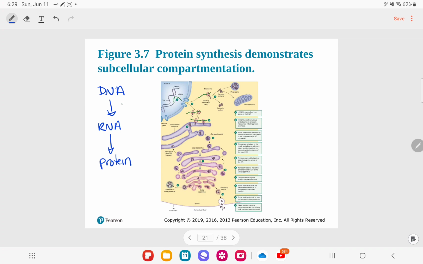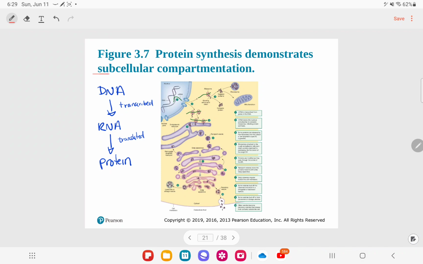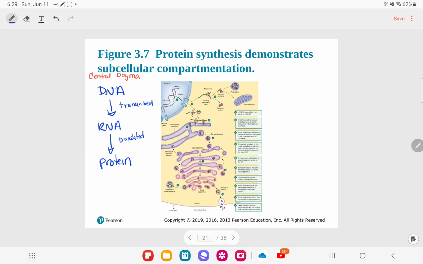So DNA is going to be transcribed into RNA, and RNA is then going to be translated into proteins, right? And so this, I'm going to put it in a different color because this is a really important concept. This is going to be the central dogma of life. This is how DNA directs the synthesis of proteins.